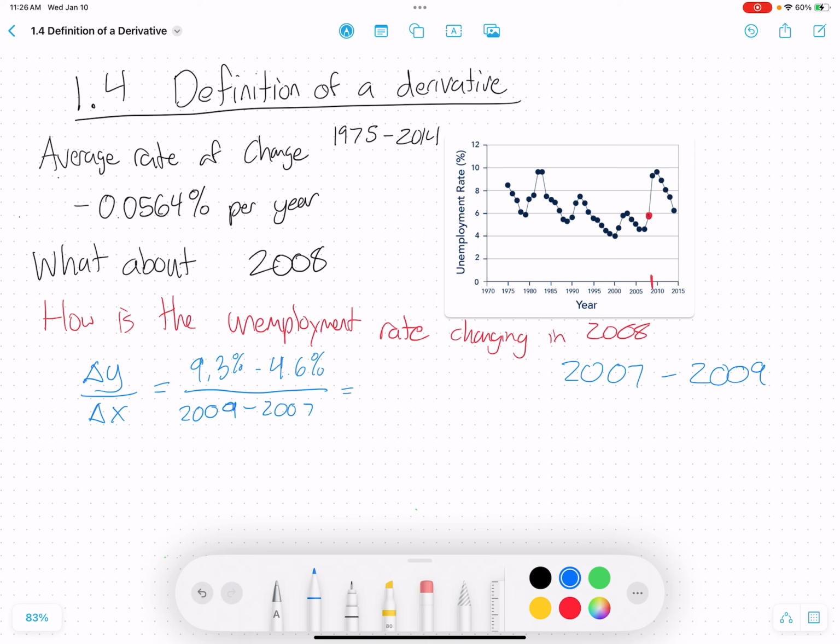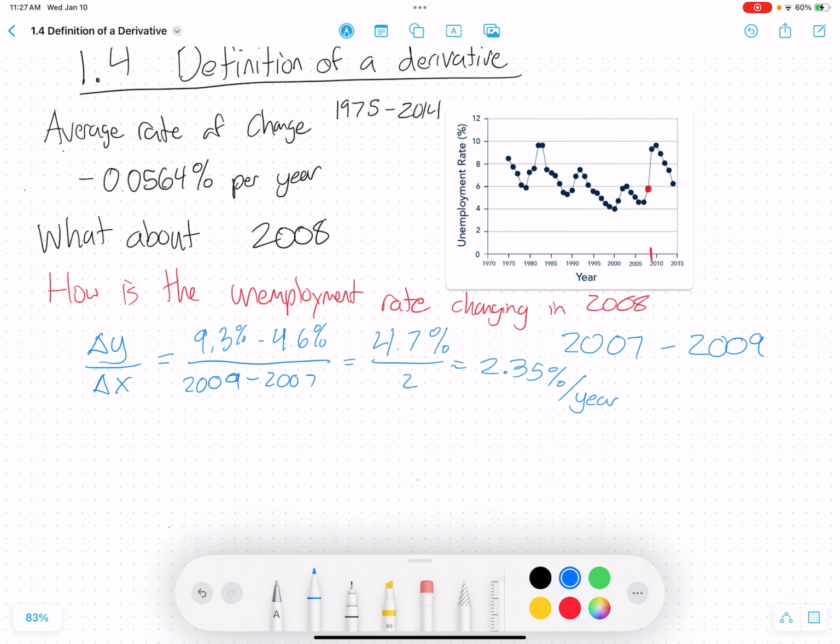This leaves me with about 4.7% over 2, which is 2.35% per year. So, around 2008, the unemployment rate was actually going up by about 2.35% a year, which is much different than my average rate of change over the whole 39 years.